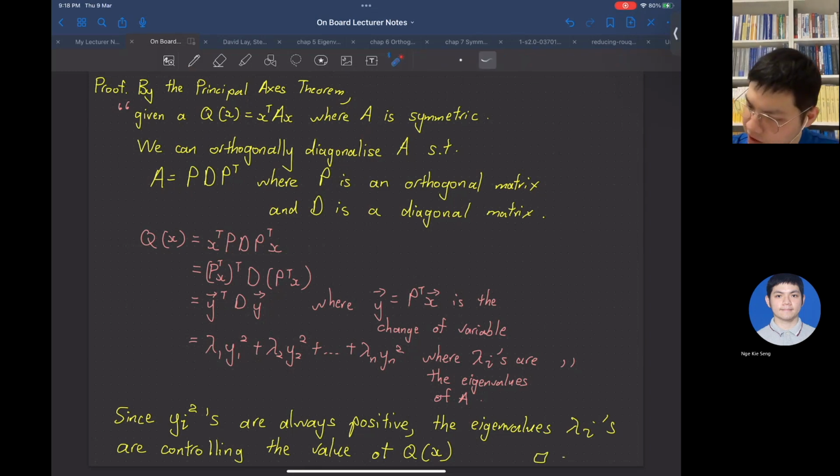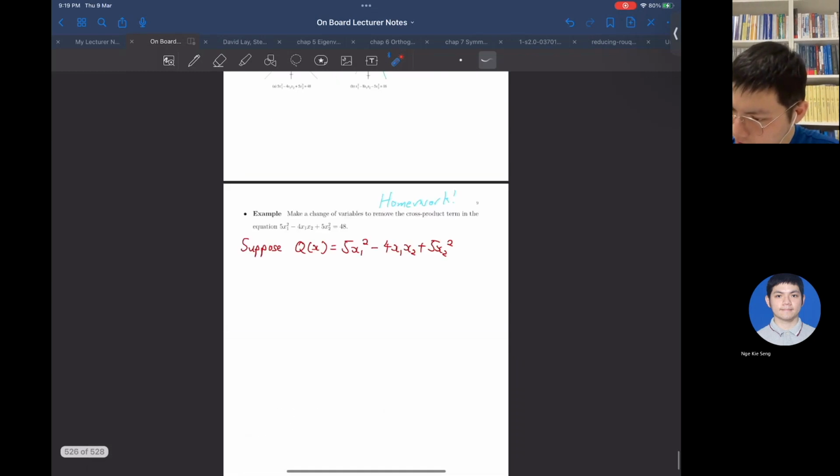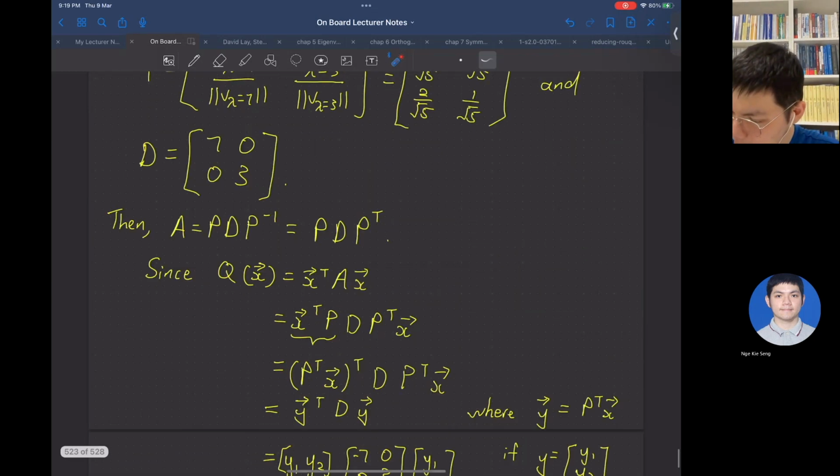So if you could imagine that all lambda i are negative, then you will get a negative semi-definite quadratic form. If the lambda are all positive, then you will get a positive definite Q(x). Okay, so let's return to the example.